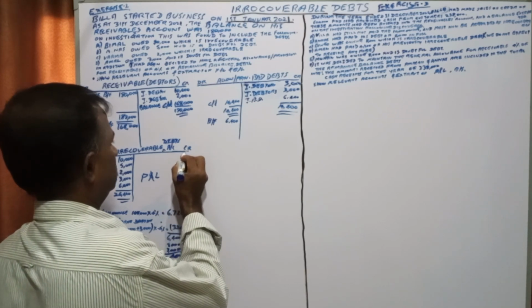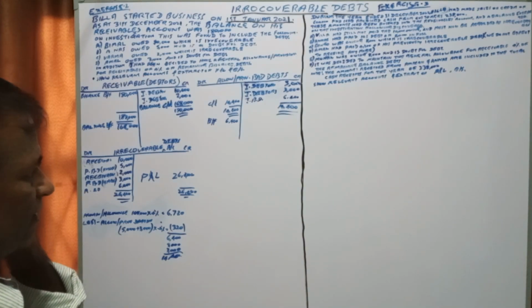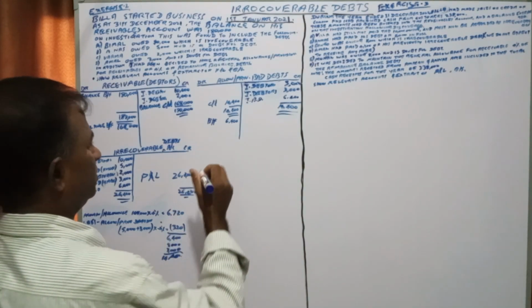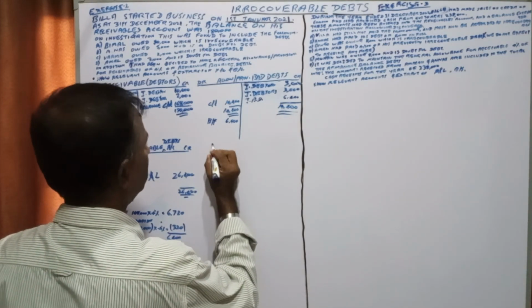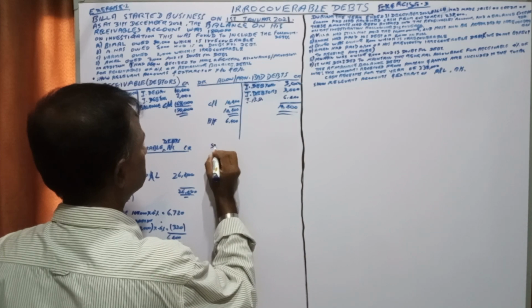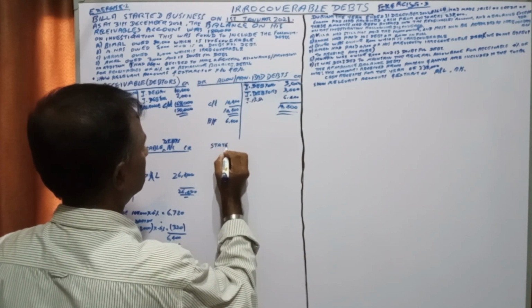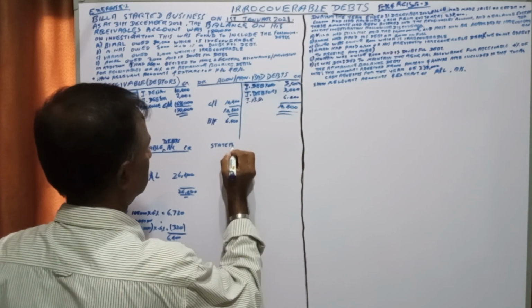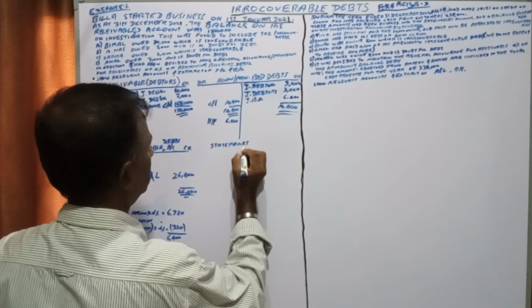So under the debtors, non-current assets, right? In the statement, we will prepare the statement of balance sheet.